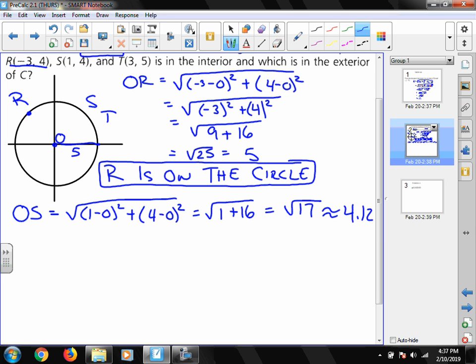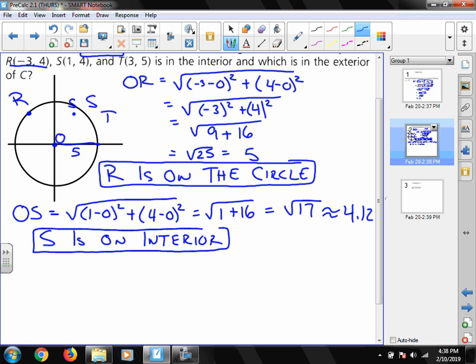Okay? So that means S is sitting somewhere 4.12 units away from this origin, which means that S has to be inside the circle, or S is on the interior of the circle.